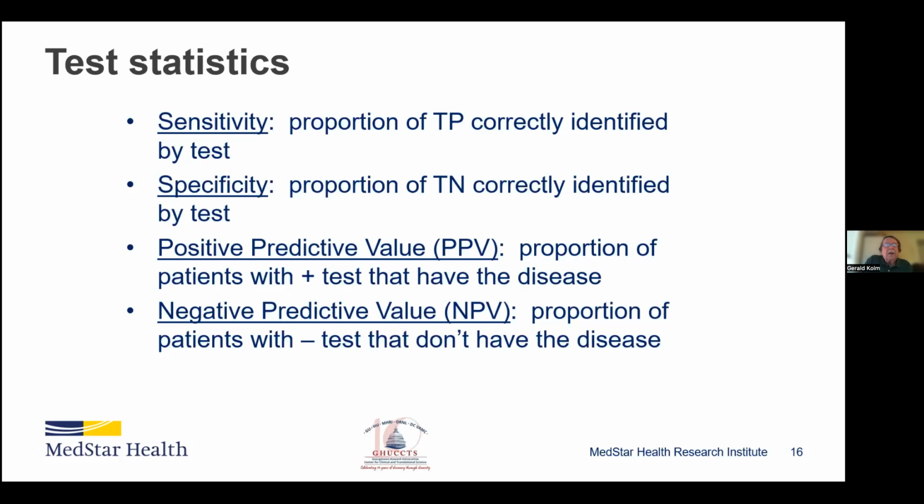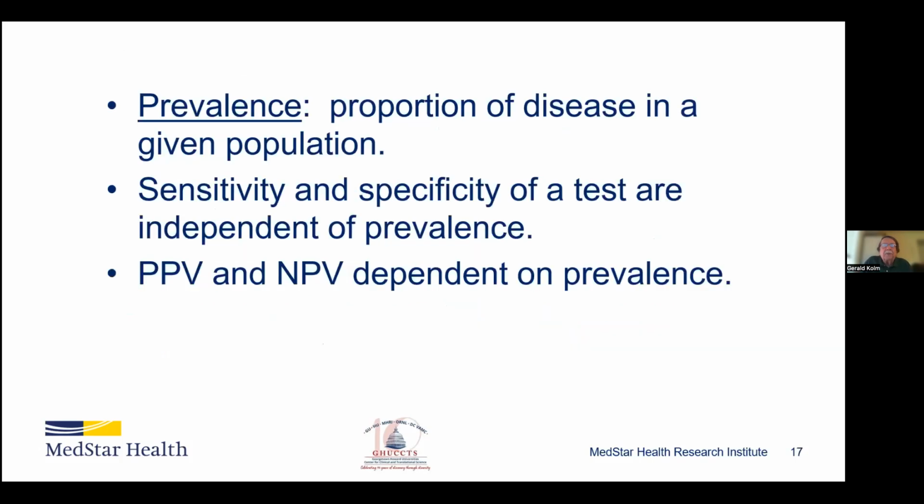And so it turns out that we collect some data, and then we can calculate our statistics based on that data. But the important number is that in the population that we're interested in, what is the actual prevalence of the disease?